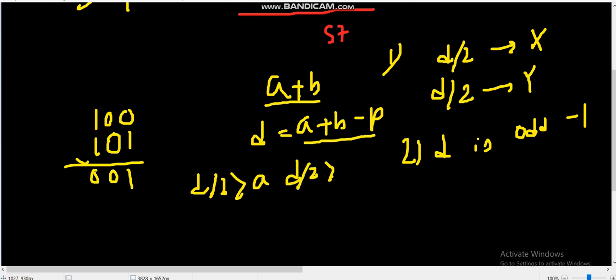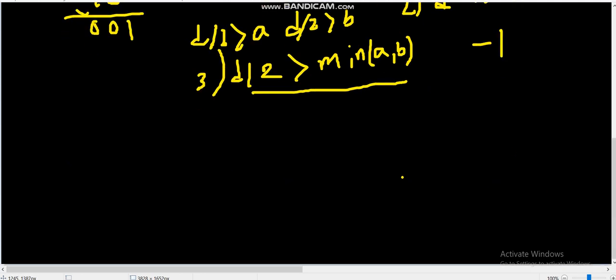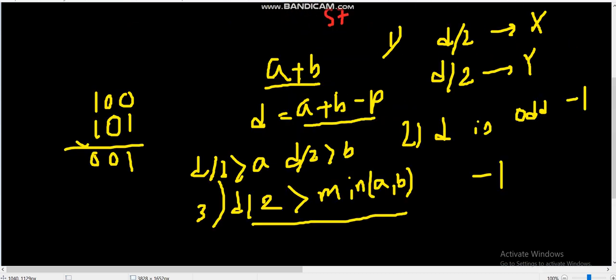We can merge these two conditions and say that if d by 2 is greater than the minimum of a comma b, then we can't really set these d by 2 ones in either x or y. So in that case, our answer will also be -1. These are the two cases when our answer will be -1.